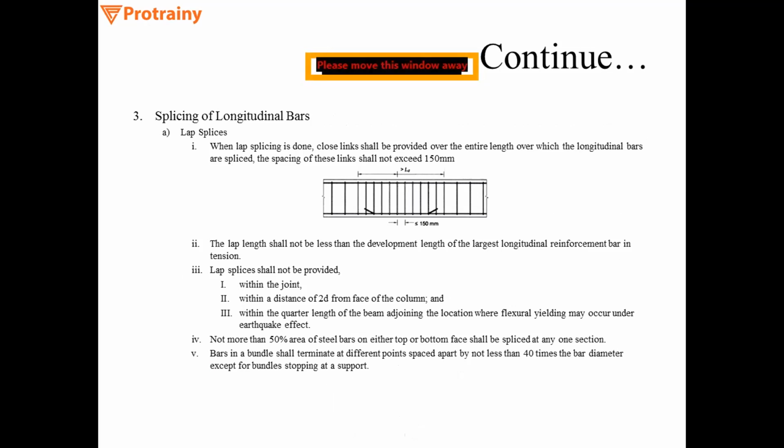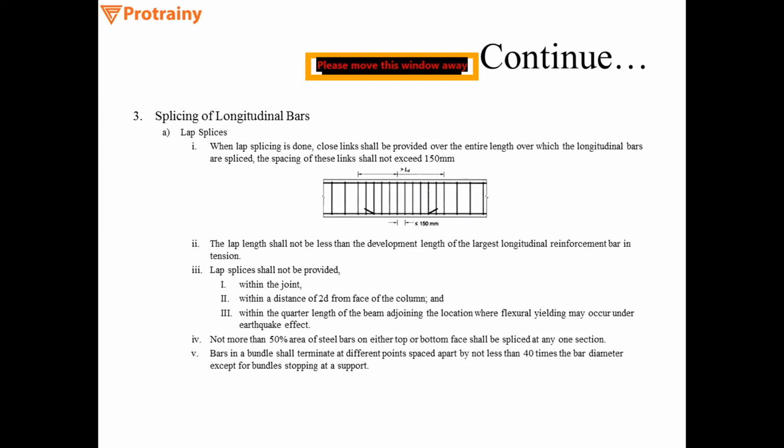Coming to the fourth point, not more than 50% of the steel bars on either the top or bottom face shall be spliced at one section. It is not talking about the number of bars. It is talking about the 50% area of steel. So whatever the area of steel is at a section, not more than 50% of that area of steel should be spliced at one section.